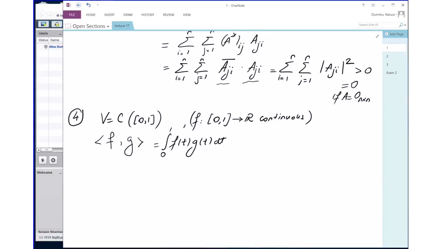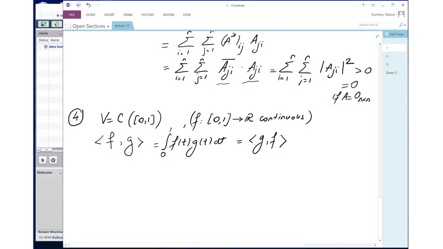If I want to switch positions, what happens between f and g? What's the inner product between g and f? The integral of g of t f of t, but multiplication is commutative, so it is the same as the inner product between f and g, and that is expected because our field is R, right?